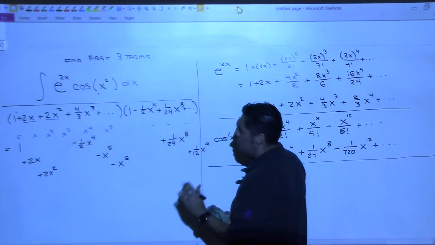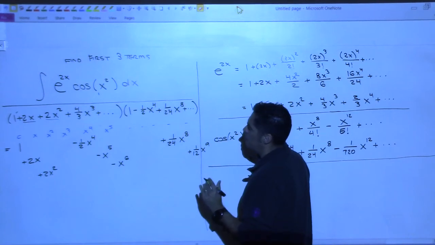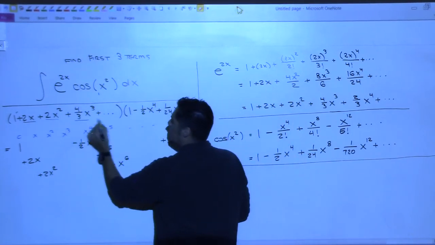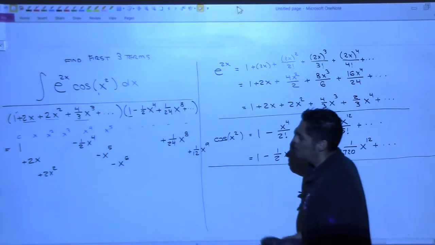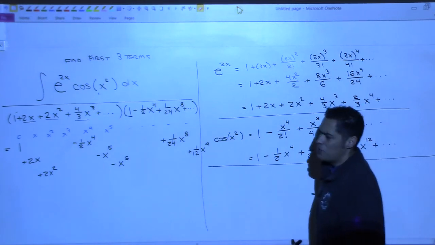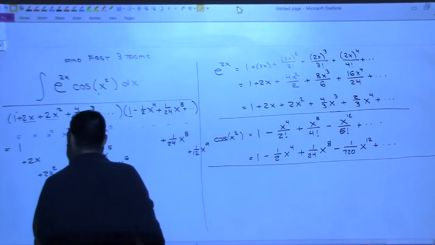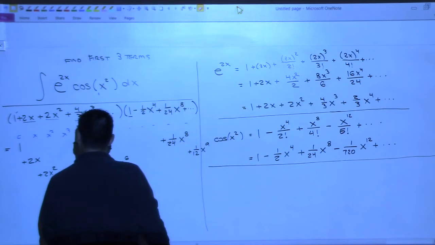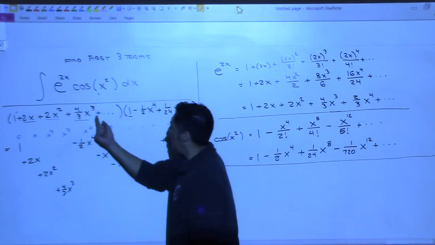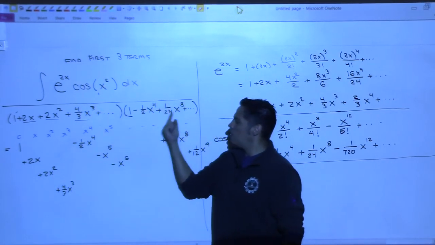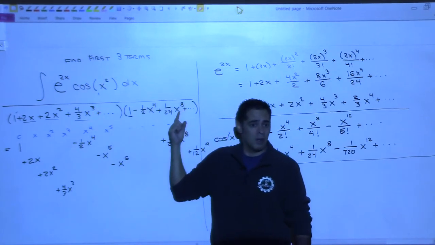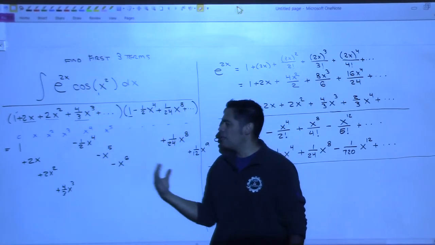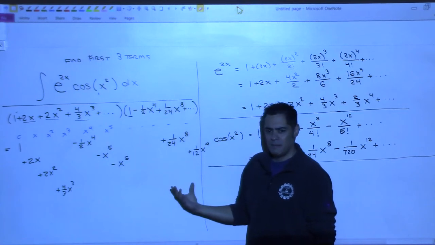On the next piece, I would be going this times 1, right? Which would be 4/3 x cubed, which would be right here. So plus 4/3 x cubed. And then as I move this through, all of those powers are going to be bigger than x cubed, aren't they? So I know I don't really need those. Do y'all get that? Yeah.